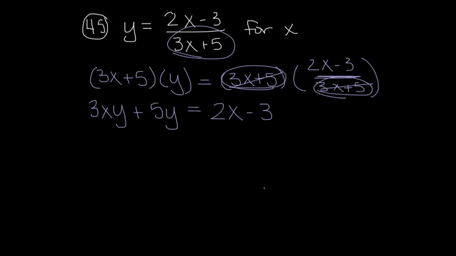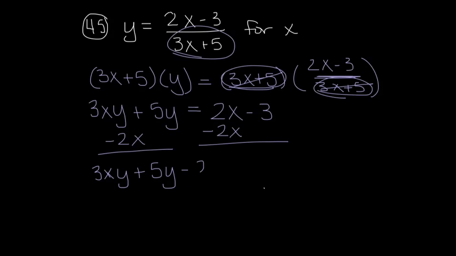I'm solving for x, so I want to get every term that has an x on the left, every term that doesn't have an x on the right. Well, the 2x has an x, but it's on the wrong side, so I'll subtract the 2x from both sides. There's no like terms here, so I'll just leave it as 3xy plus 5y, and then I subtract it off of 2x, equals, over here my 2x's cancel, so I bring down the negative 3.